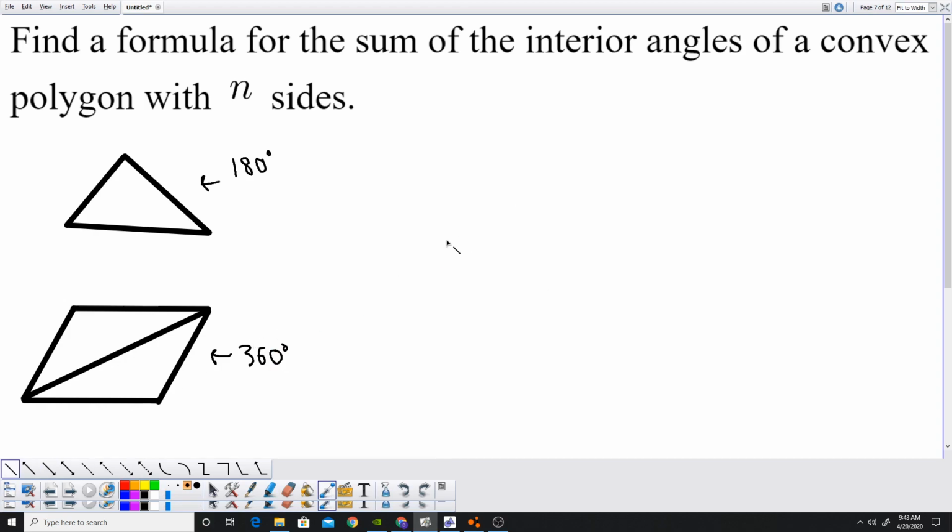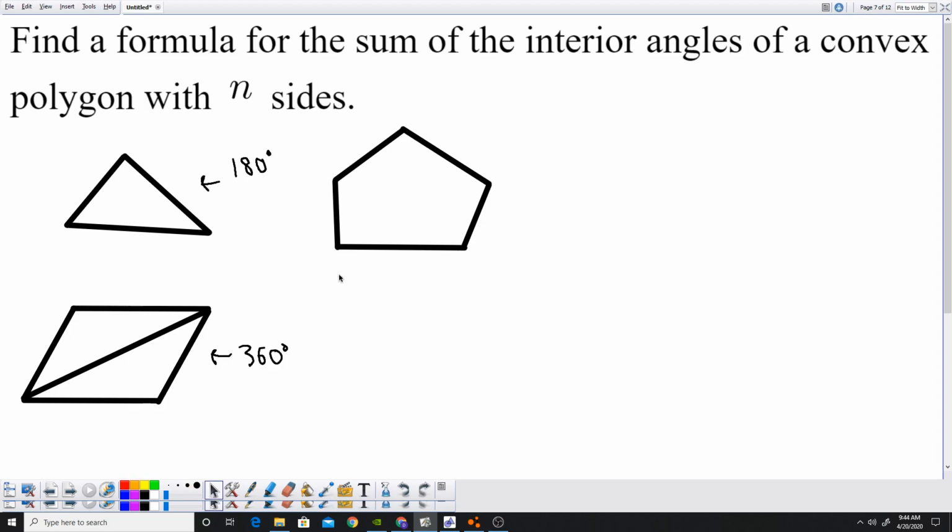Alright, now let's continue on. In the previous problem, we had a five-sided figure. So we'll just draw something with five sides. So that's 1, 2, 3, 4, 5.